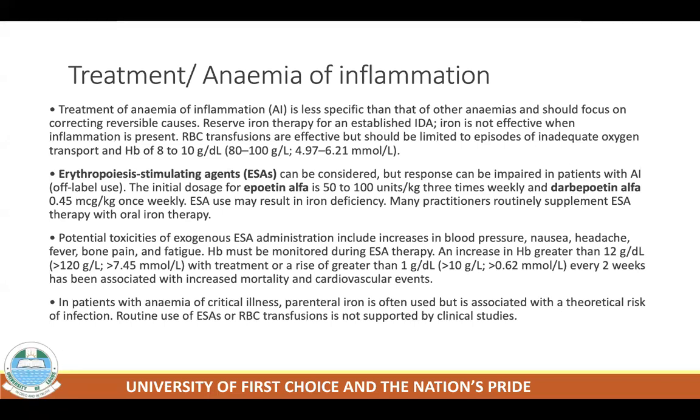So those are some of the side effects that are noticed with erythropoiesis stimulating agents. If you're administering too rapidly, you can end up causing bigger problems for the patient. In patients with anemia of critical illnesses, parenteral iron is often used, but is associated with a theoretical risk of infection.